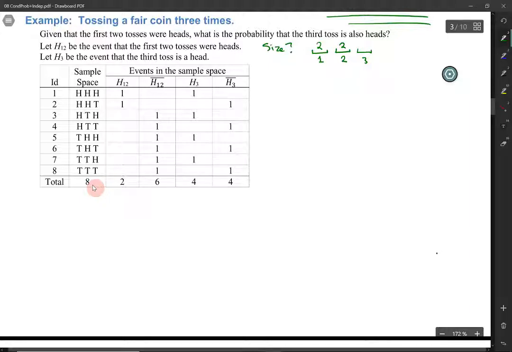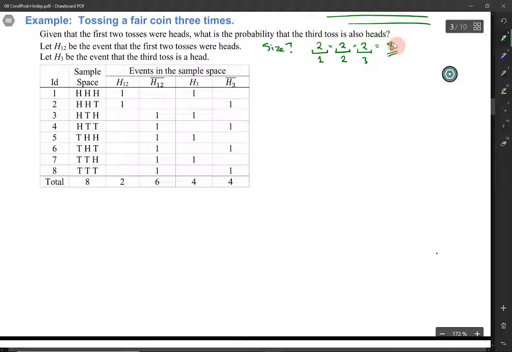Then we flip another coin, and there are 2 more, so you multiply those together and you get 8. In the first case there are 2 possibilities, the second case 2, the third case 2, and so we have 8.